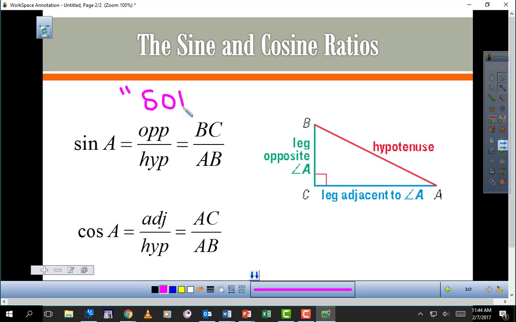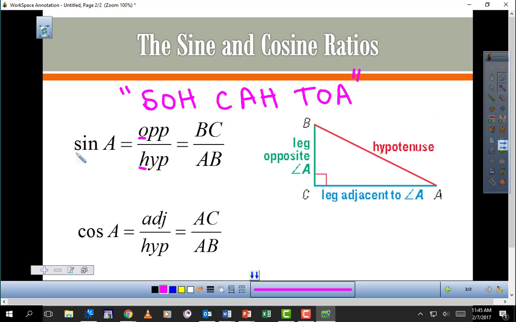SOH CAH TOA. Okay, SOH CAH TOA. Soak in some warm water when it's hurting. Get it? Okay, so this tells you the ratios of how they go. The sine uses the opposite side and the hypotenuse.